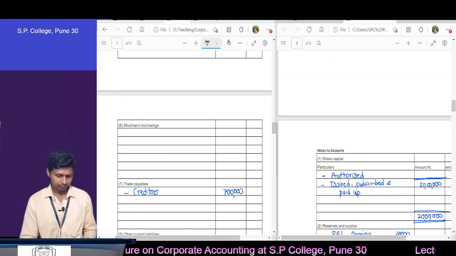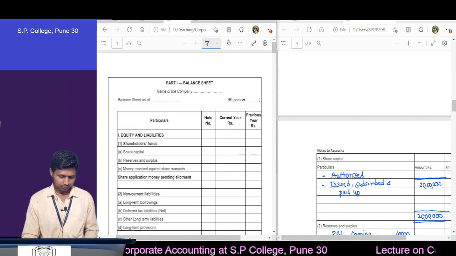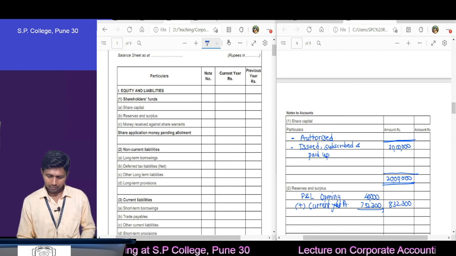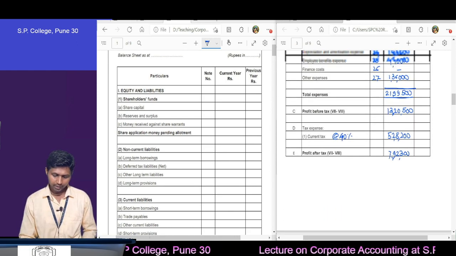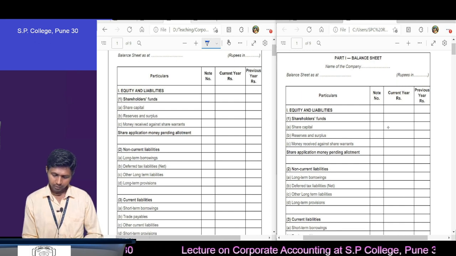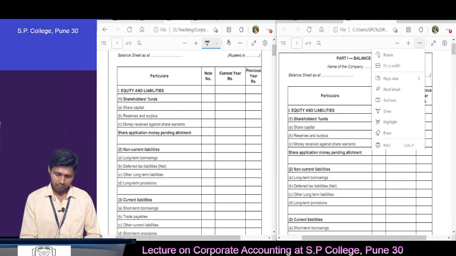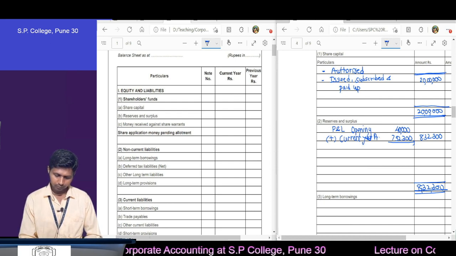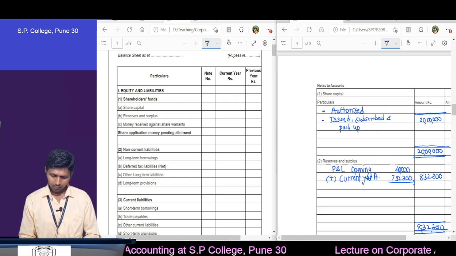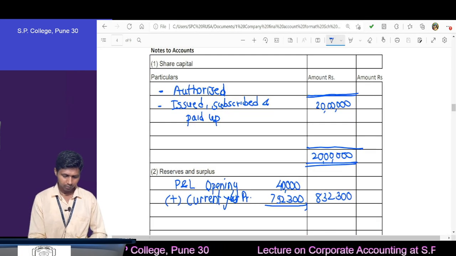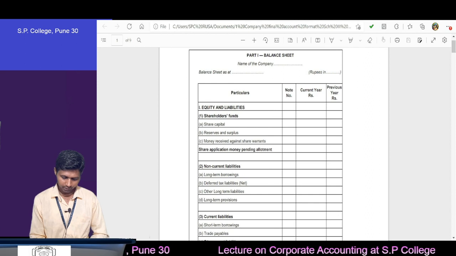I don't know. Okay, let it be. Now we'll copy all the totals in the main format. Capital 20 lakhs rupees. Write 20 lakhs here, one by one. Current year, simple, 20 lakhs.